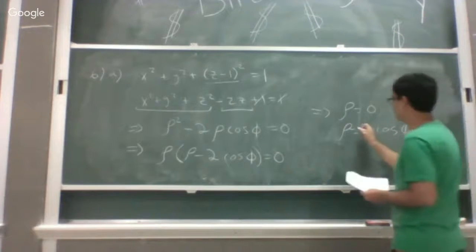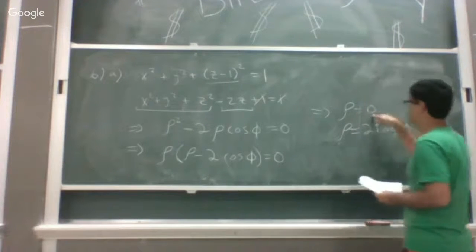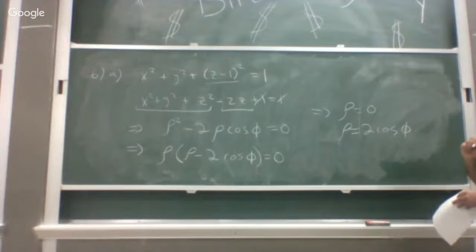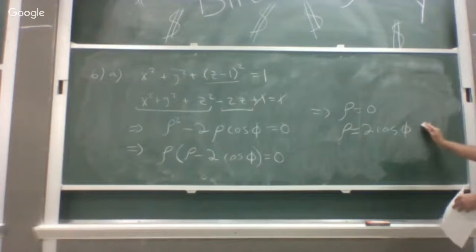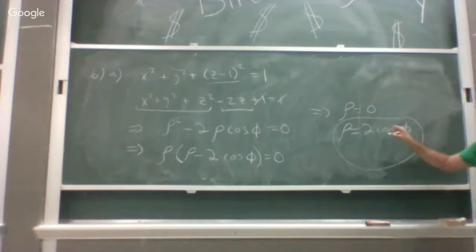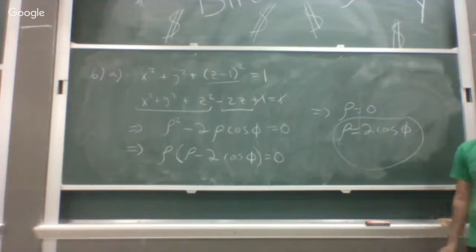So if you divided by rho, you wouldn't have known that rho could equal to 0. But you could either put both of these as your answer, or you could just circle this because at some value of phi, rho is going to equal to 0. So included.